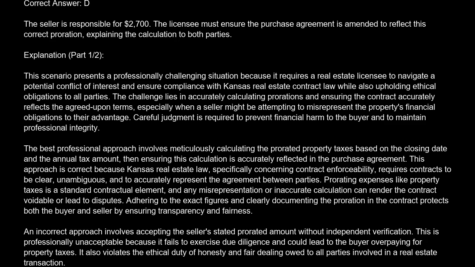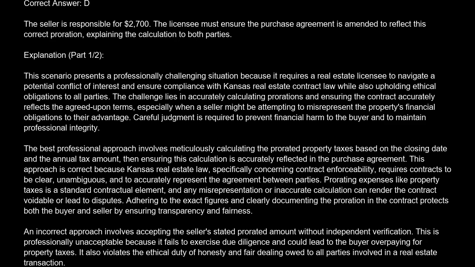Careful judgment is required to prevent financial harm to the buyer and to maintain professional integrity. The best professional approach involves meticulously calculating the prorated property taxes based on the closing date and the annual tax amount, then ensuring this calculation is accurately reflected in the purchase agreement.